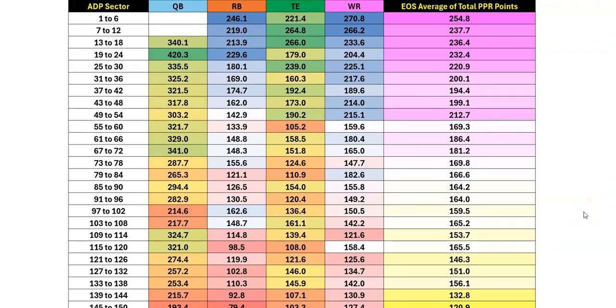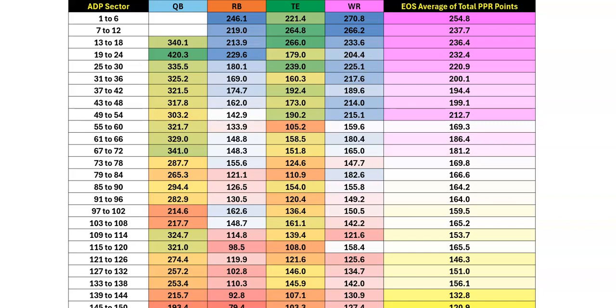Anyway, overall, here's ADP sector, so that is before. So the first 6, next 6, and so forth in sixes, right? So it's kind of half a draft round. QB, RB, tight end, wide receiver, and this is from 2015 to 2023.